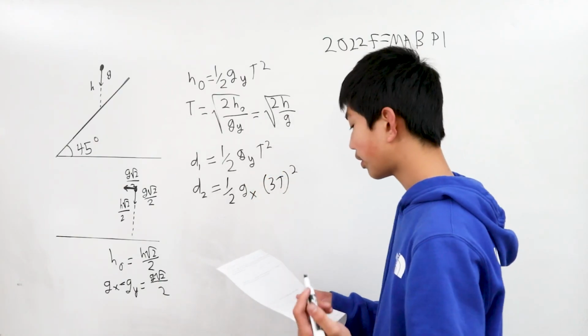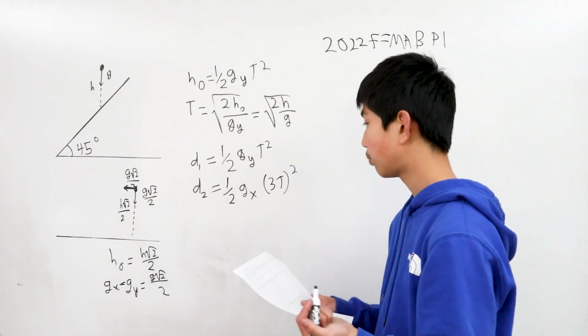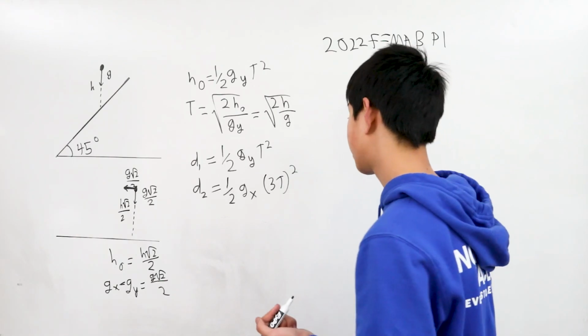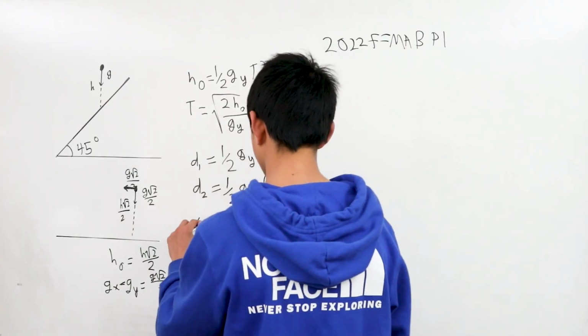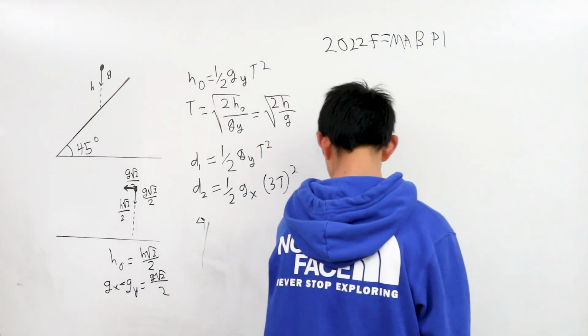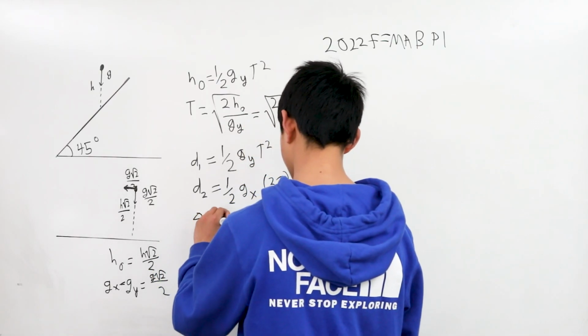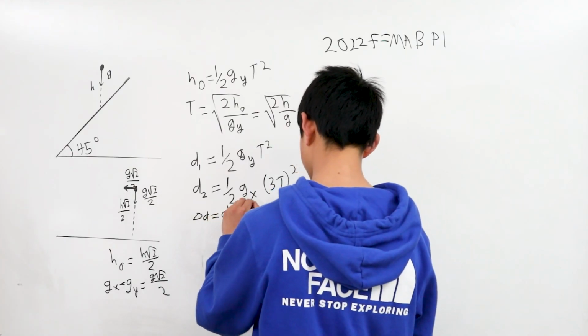So now we want to find the distance between the first and second points, or to put it more simply, the change. So the change in distance, delta d, is d2 minus d1.